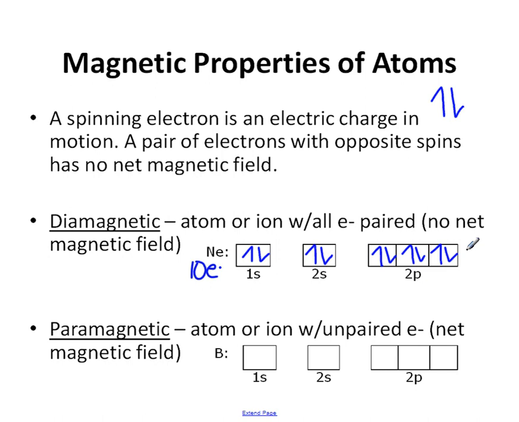All of those electrons and all of the different orbitals and suborbitals are completely paired up. So elements where all of the electrons are completely paired up are diamagnetic or have no net magnetic field. If you encounter any atoms that have any unpaired electrons, they're considered paramagnetic.